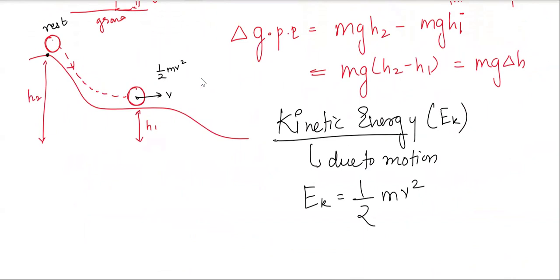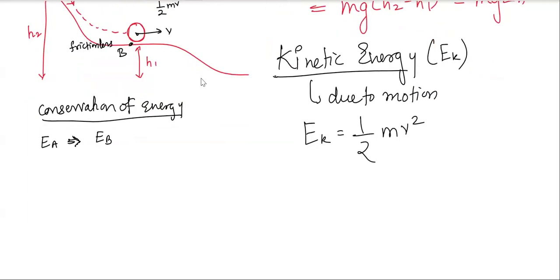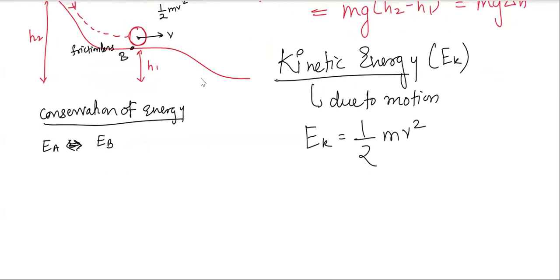Let this go from A to B. Now from A to B, according to conservation of energy, if this surface is frictionless, and no energy is lost to anything, then the energy at A will be converted to the energy at B.